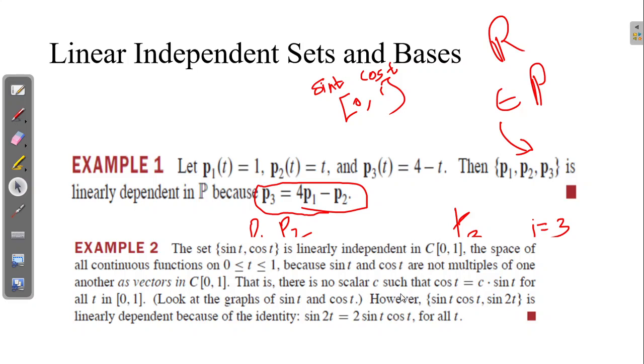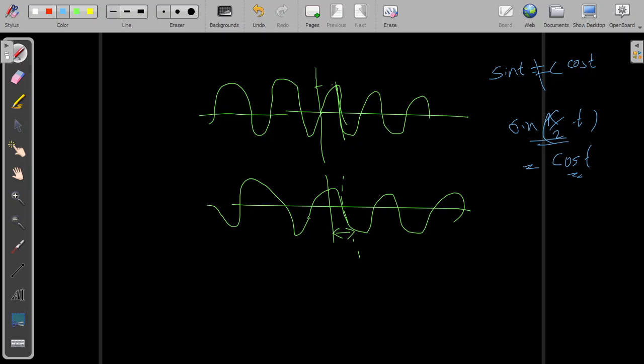There is no scalar c such that cos t equals c sin t for all t in [0, 1]. If you observe the two graphical representations, one is rising from 0 to 1, the other is falling from 1 to 0. These are exactly opposite values; you cannot generate one from the other.